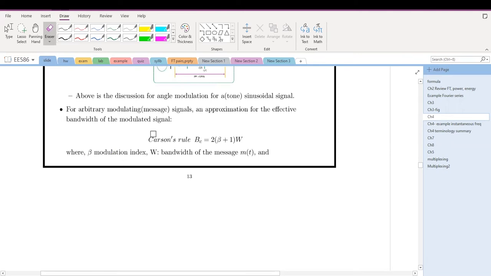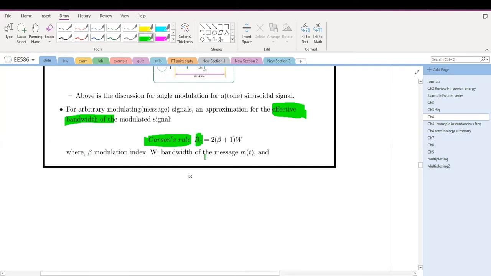In a separate video, we're going to show that the bandwidth for angle modulation, either FM or PM, is in theory infinite. We need to look at an effective bandwidth, and this bandwidth is determined by Carson's rule.